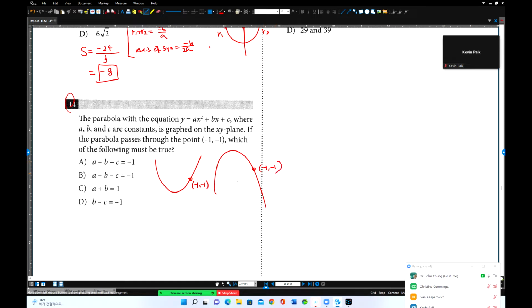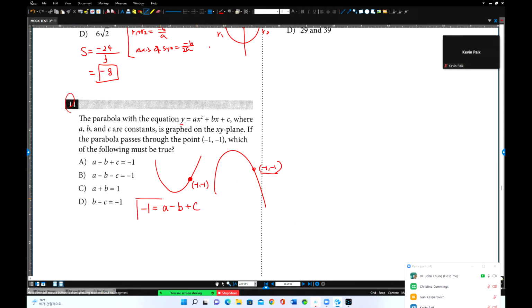So which of the following must be true? Put this number into the equation, because this point is a solution, right? Because it is on the graph. So x is negative 1, also y is negative 1, right? So negative 1 squared is positive 1, a plus b times negative 1 is negative b, and plus c.